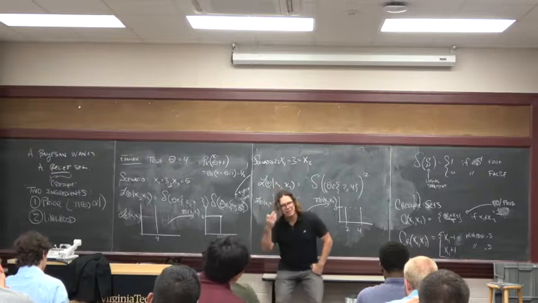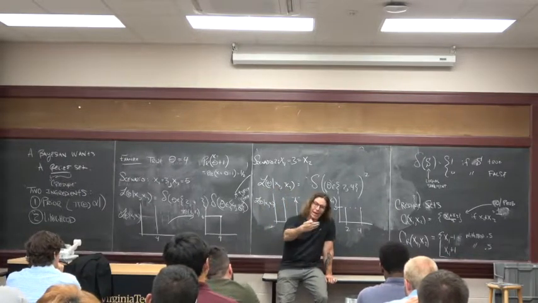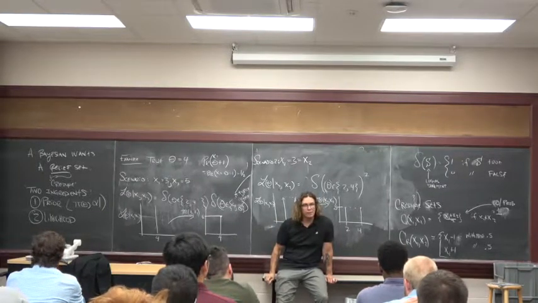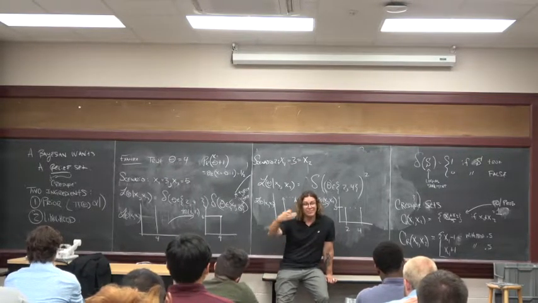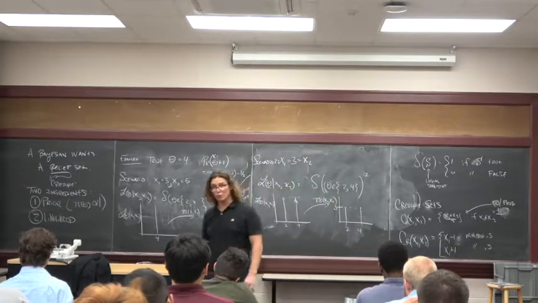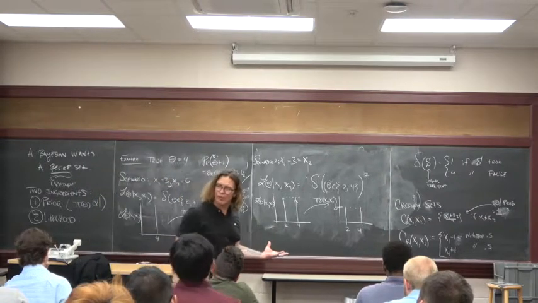So again, like p-values, just as a step back, what are they? Probability of the observed statistic or more extreme given the null hypothesis is true. Why am I talking about probabilities of data I never saw in the first place?